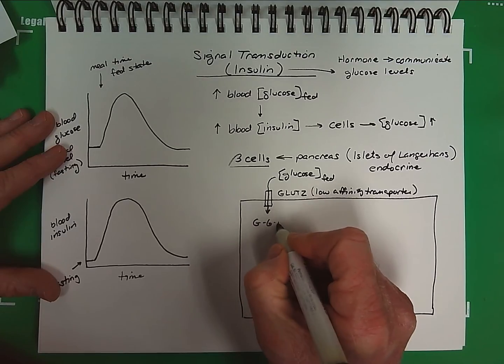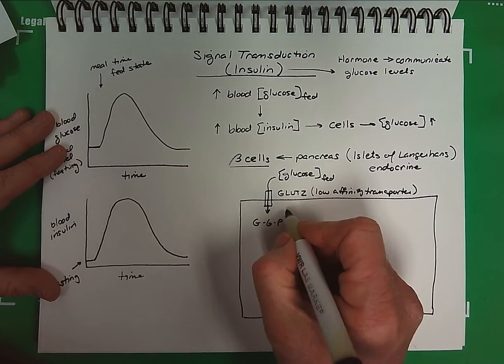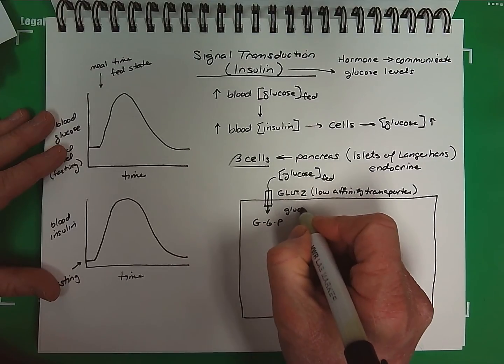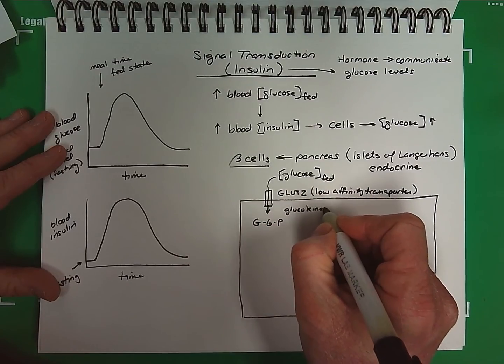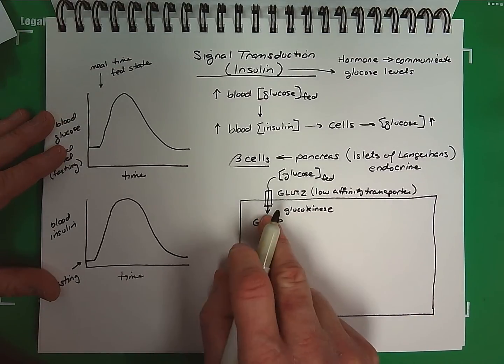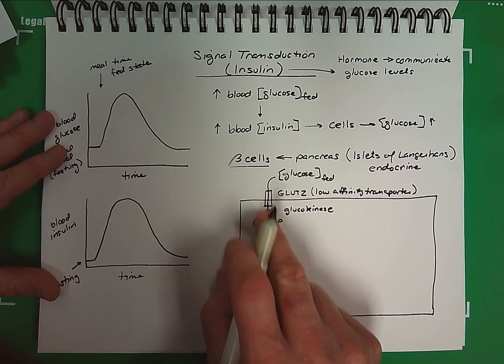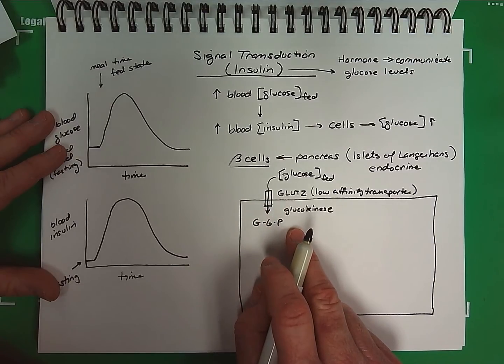The first reaction is the phosphorylation of glucose on the number 6 carbon, and this is done by an enzyme called glucokinase. This enzyme performs the same function as hexokinase that we've seen in red blood cells and in skeletal muscle, but it has a lower affinity for glucose that matches the lower affinity of GLUT2.